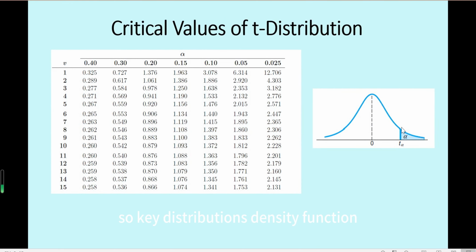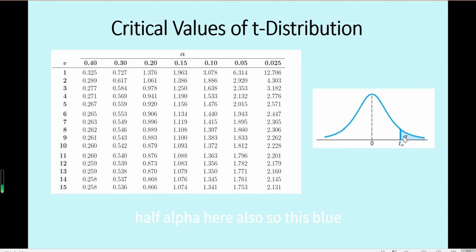So the t-distribution's density function looks like this. This value is usually called the critical value, t alpha, used in the t-test. For this alpha, for example, we set 0.05 for a one-tailed test. For a two-tailed test, we use half alpha here and half alpha here also.